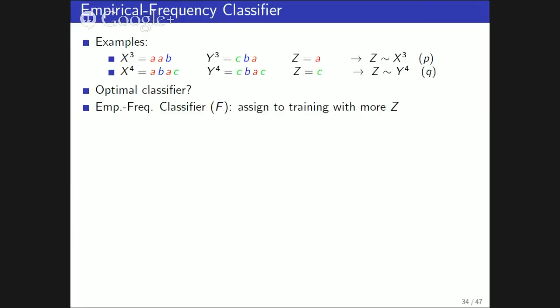What the empirical frequency classifier does is it assigns Z to the training that has Z more. In other words, it's a proxy for the distribution that assigns Z the higher probability. Remember, what we want to do is choose the distribution that assigns to Z the higher probability.